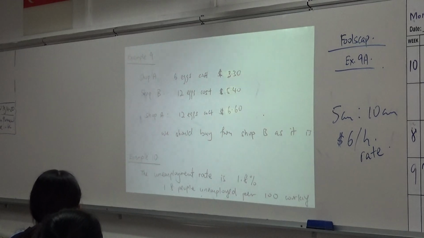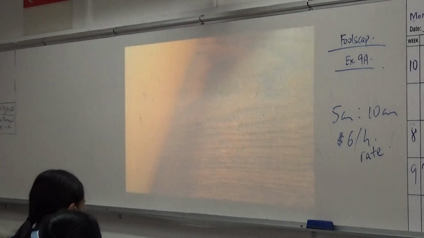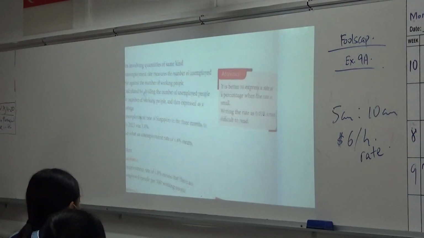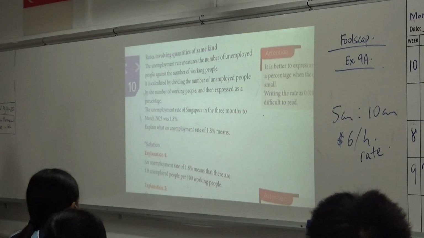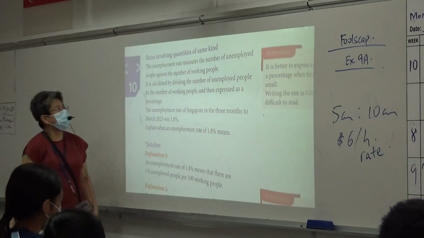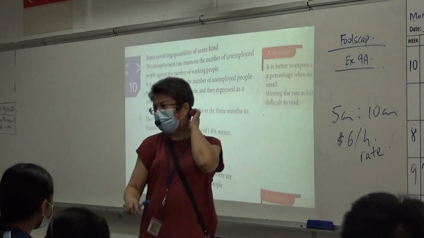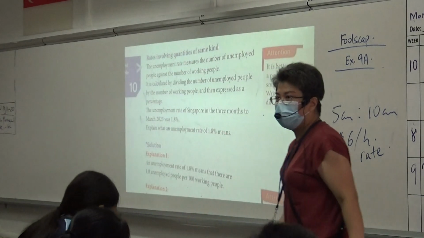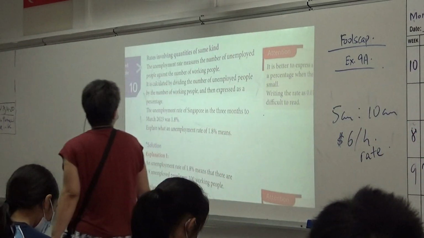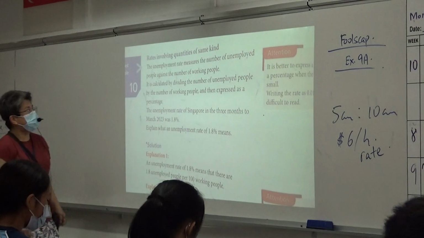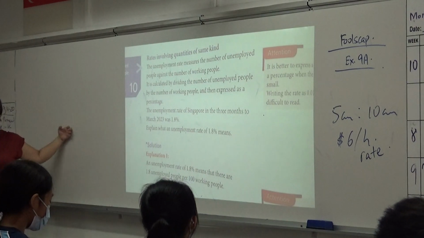This one is important. Because in statistics, this is happening. All of you look up at this. This is the unemployment rate, how they calculate unemployment rate in Singapore, alright? The unemployment rate measures the number of unemployed people against the number of working people.